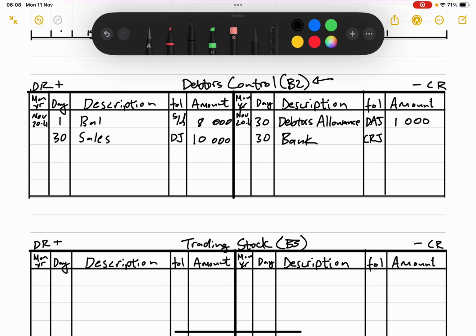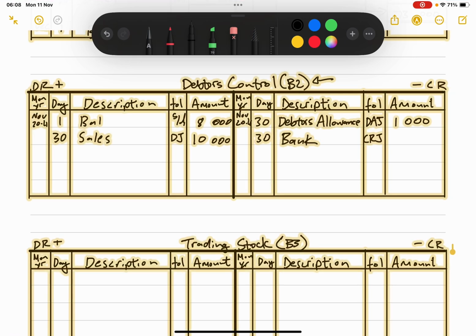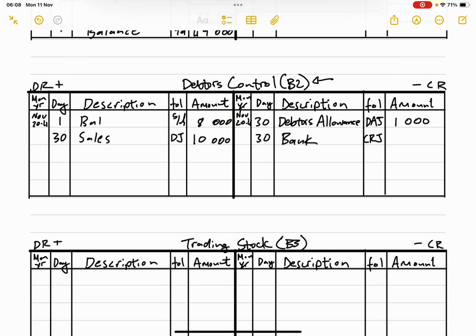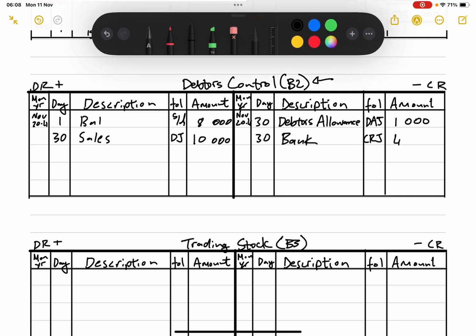Let's say 4,000 people settled their accounts. Cool. That's all that you'll have to really worry about, unless I'm completely forgetting about something. Your DJ will increase your debtors control, your DHA will decrease it, and your CRJ will decrease it.